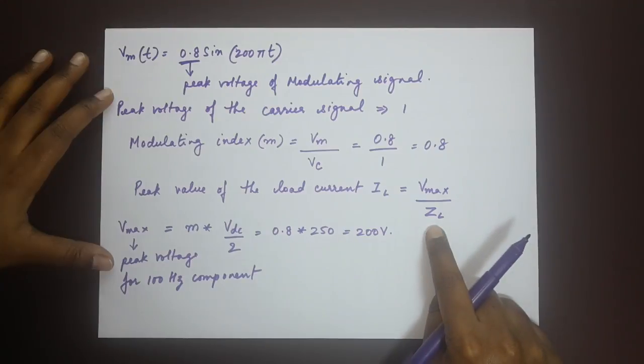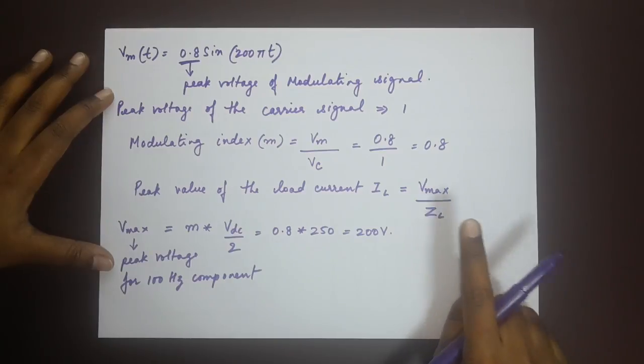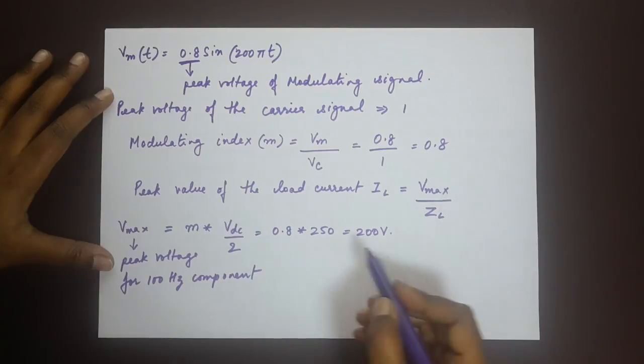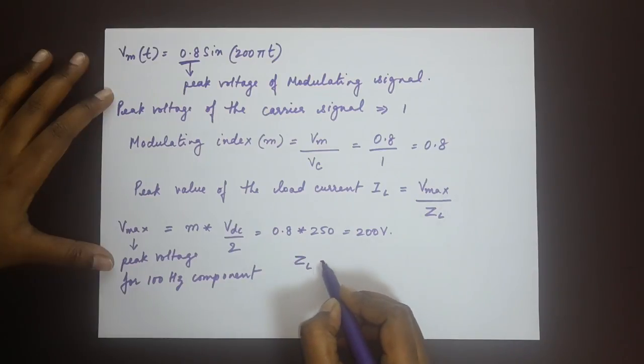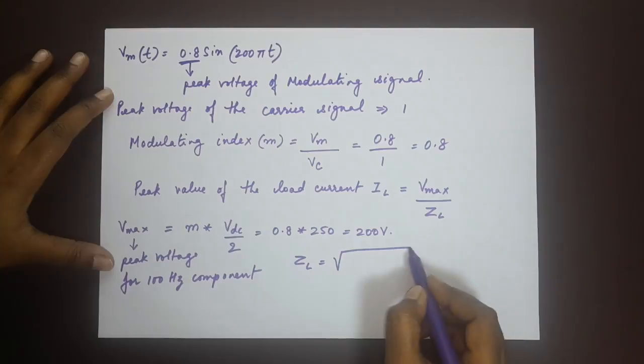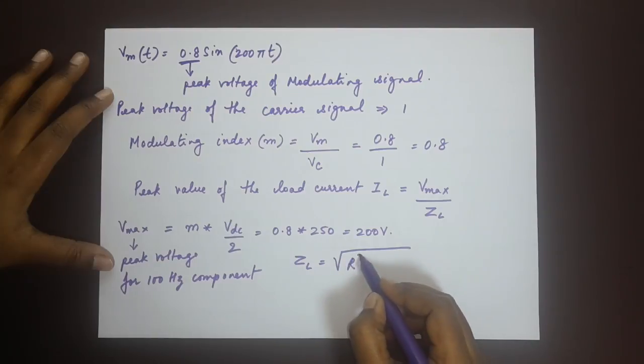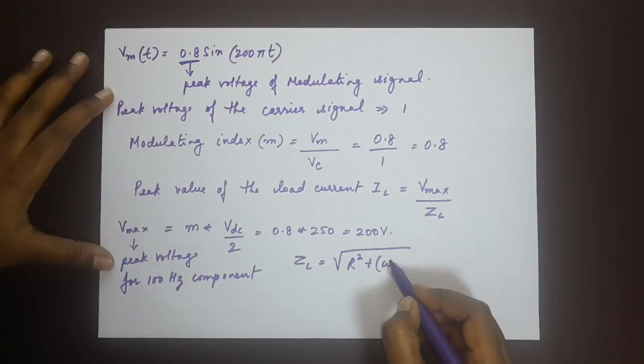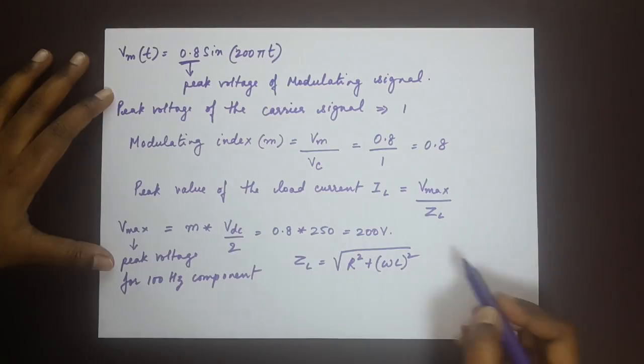The next thing we need to find is ZL. Now the impedance of the load can be written in terms of R and L, finding the resultant. So ZL is the resultant of the resistor and the inductor.